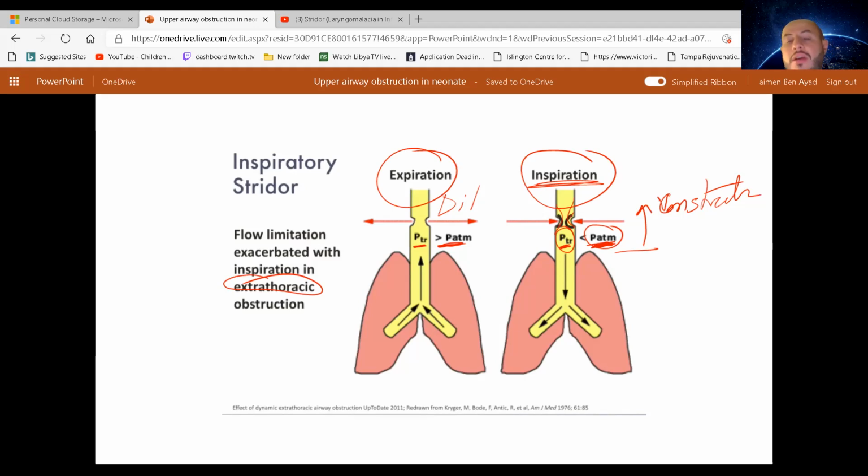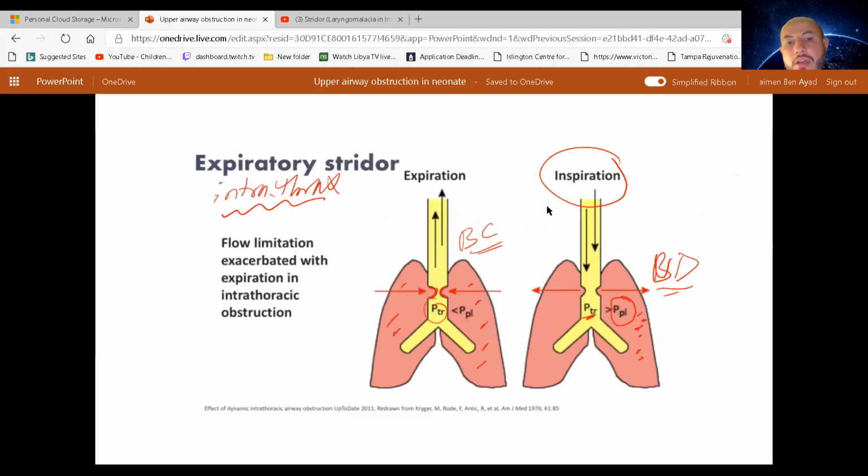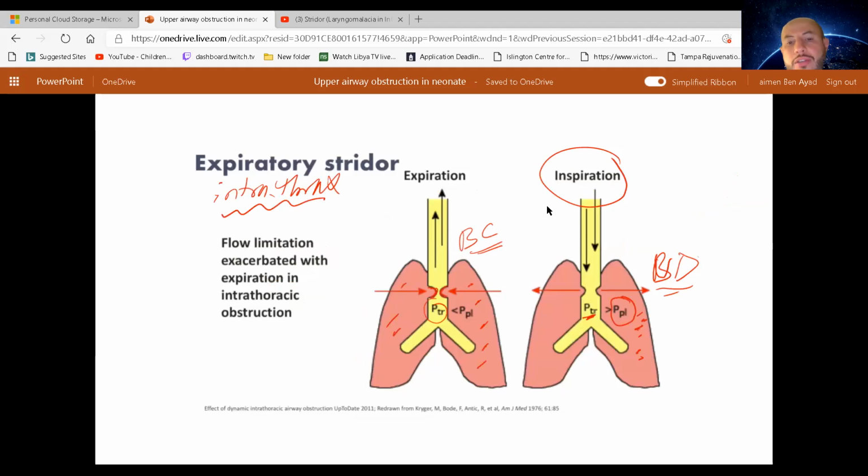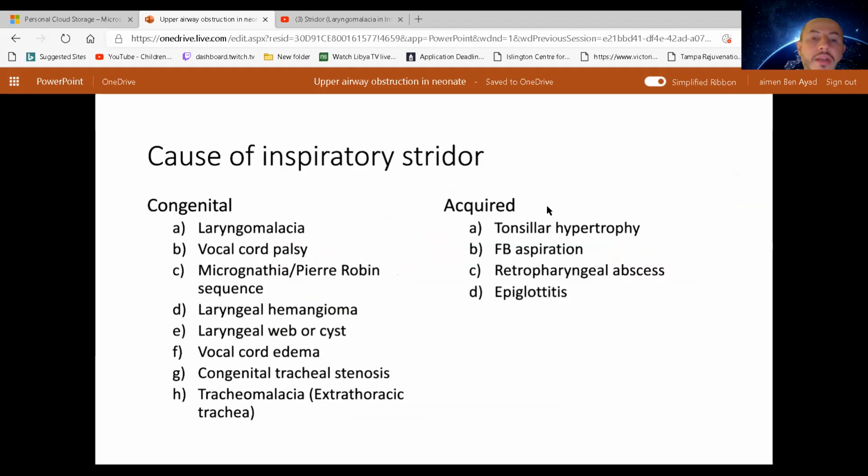In the intrathoracic, it's the opposite. During inspiration you drop your pleural pressure, so the tracheal pressure becomes higher than the pleural pressure, and you get bronchodilation. Hopefully it's clear. Now, what's the cause of inspiratory stridor?